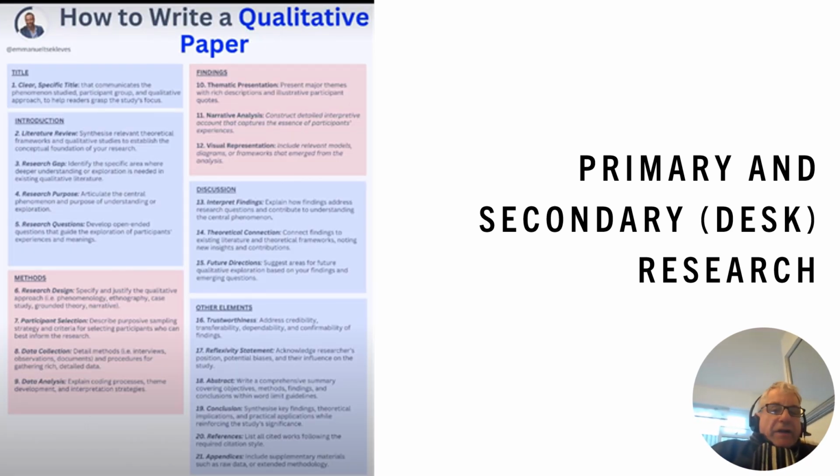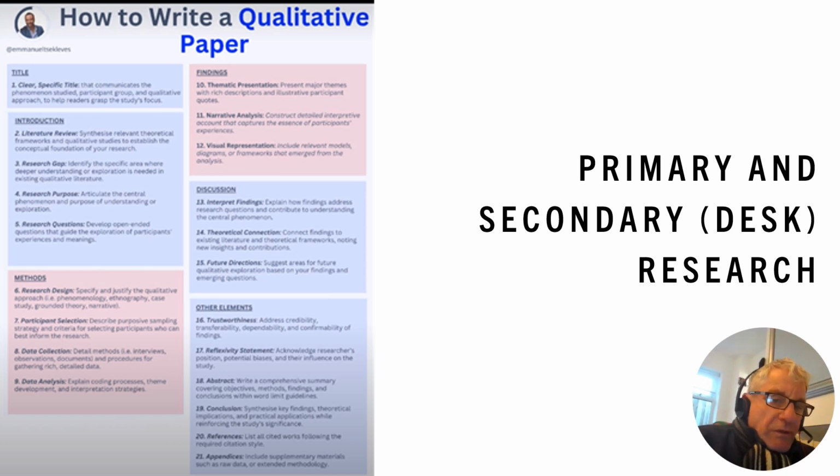So in our last slide, you can see how to write a qualitative paper. So in this section, we've got the title of the paper, which needs to have very specific terminology. We want to make sure that you're using the keywords for your subject area.